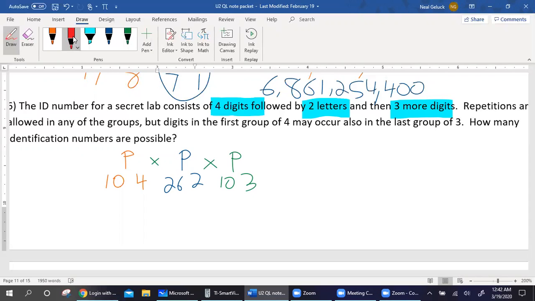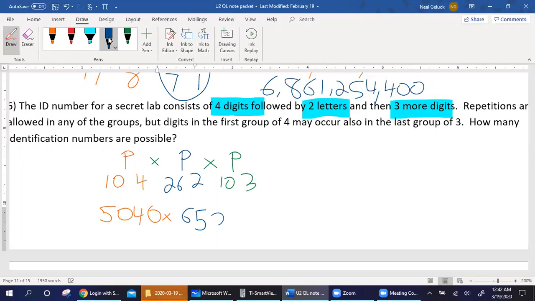So if you calculate each one of these, permutations of 10 choose 4 is 5,040. Permutations of 26 choose 2 is 650. And finally, 10 choose 3 is 720.